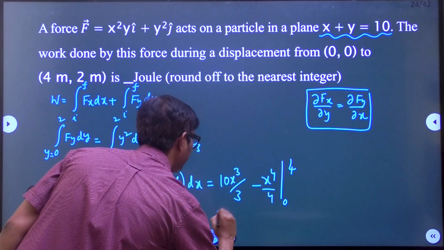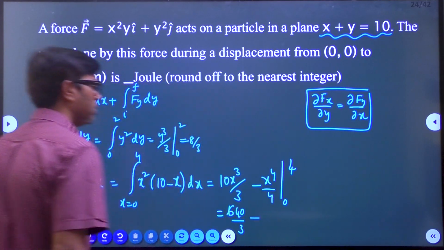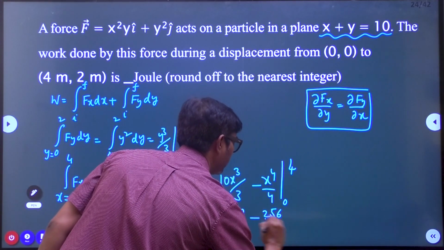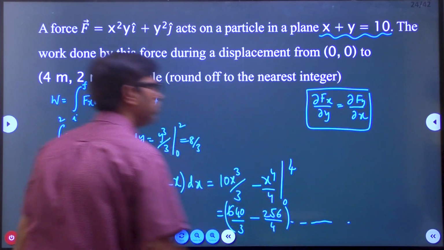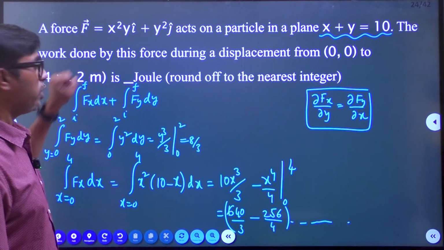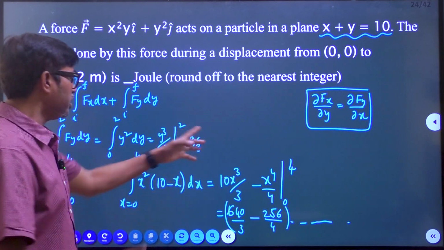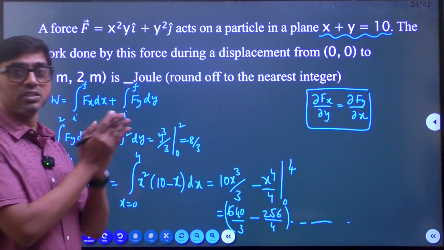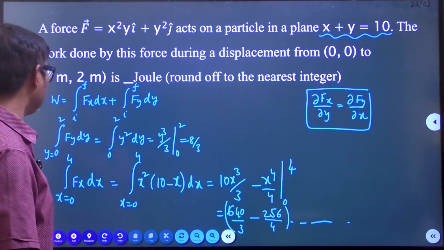So 640 by 3 minus 4 fours are 16, 16 sixteens are 256, 256 by 4. This is what I have. I'm leaving the calculation part to you so that we can cover more problems. So this is the work done because of the fx component, and this is the work done because of the fy component. Net work done is the summation there. So basically this question is of a non-conservative force. You have to deal with the path there. That's the concept behind it.